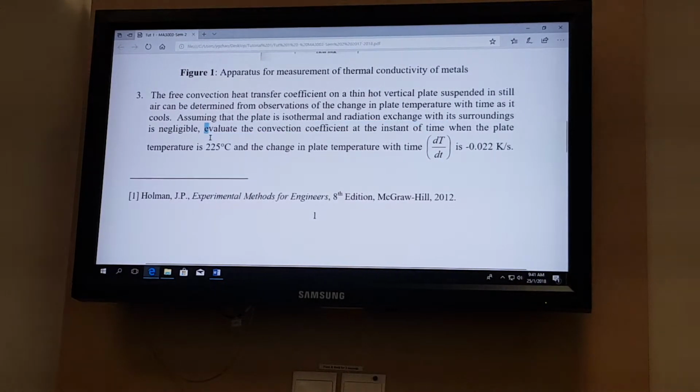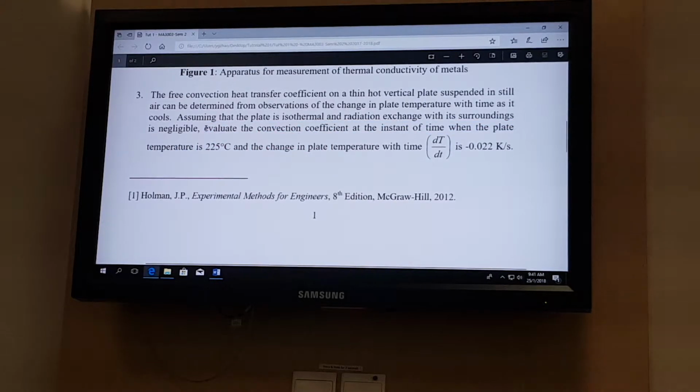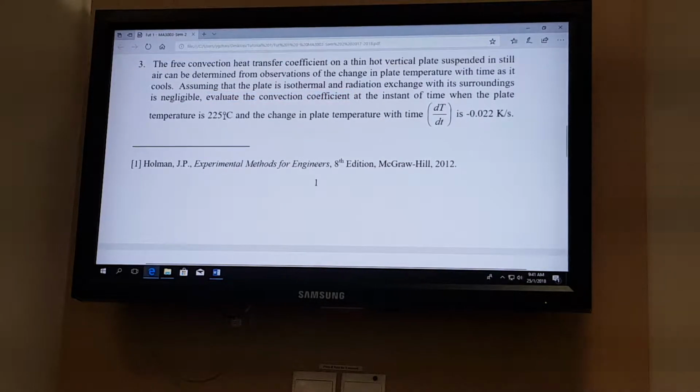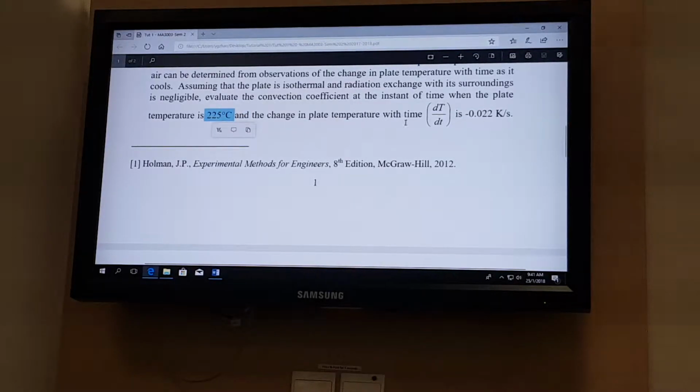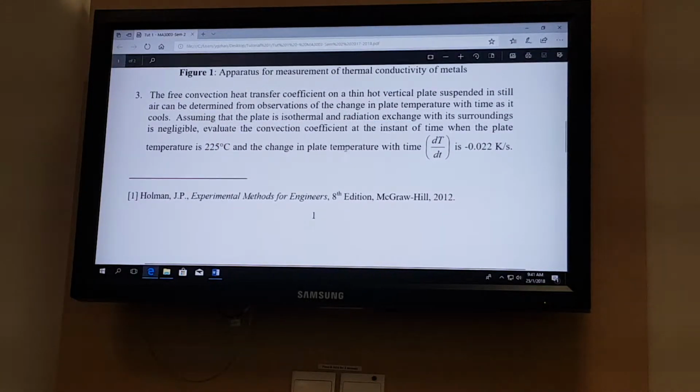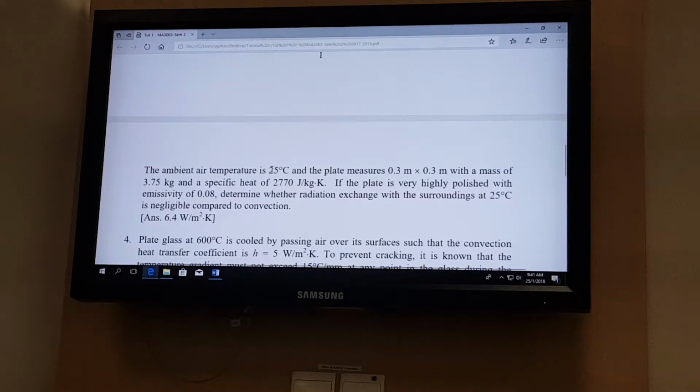The question asks you to evaluate the convection coefficient, or external coefficient H, right? For convection, that's solving for H. We give you dT over dt, the temperature of the substrate, and the temperature of the air.